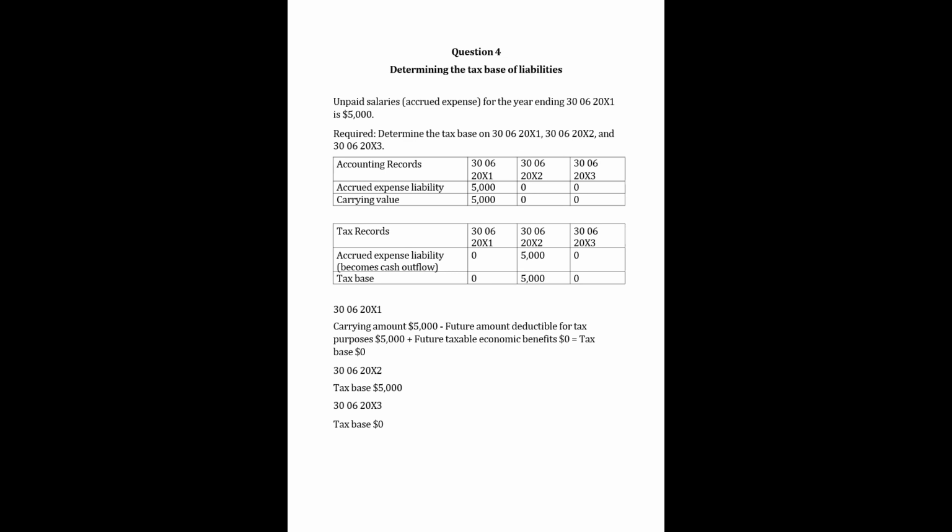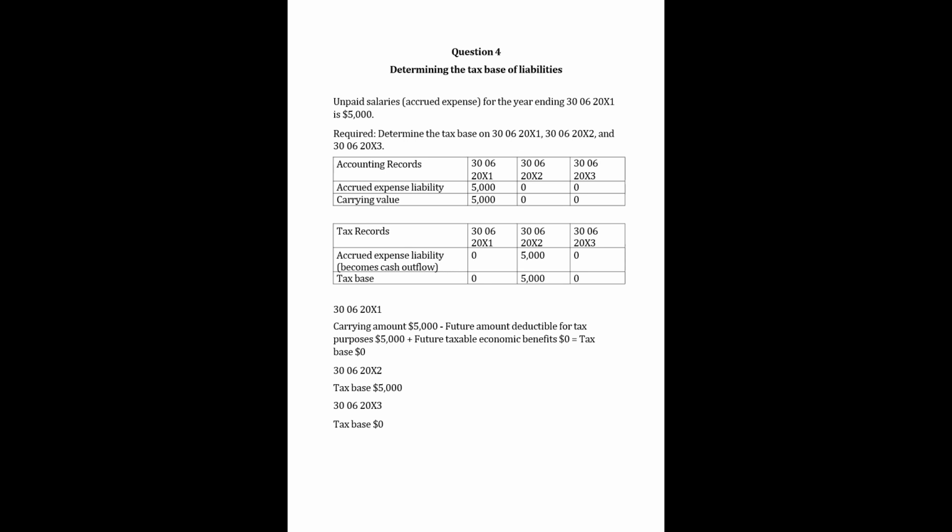So constructing the accounting records, accrued expense liability is $5,000, which is recorded on the balance sheet, and the carrying value is $5,000. In X2, that liability is going to get settled, and therefore there's no liability that exists in X2. Carrying value is 0, and in X3 there's no effect.